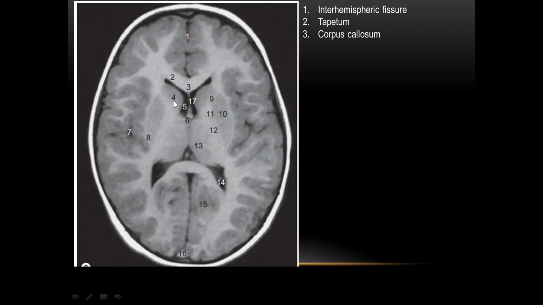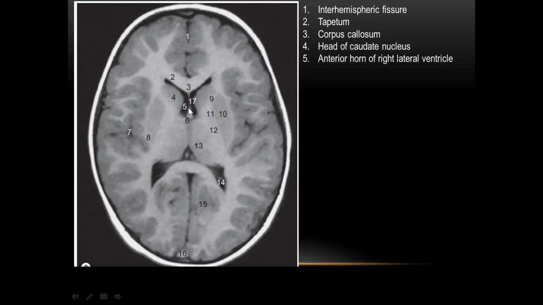Number 4, head of the right caudate nucleus. Number 5, right lateral ventricle.